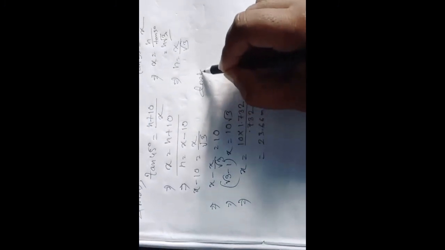This will be the calculation. Now if we calculate it, we are getting 23.66 meter. So the distance between the two buildings is 23.66 meter.